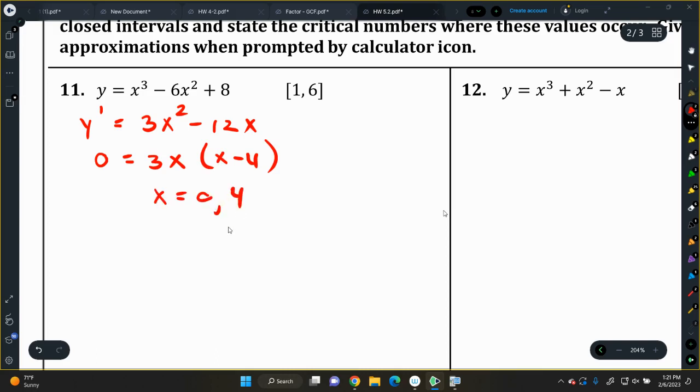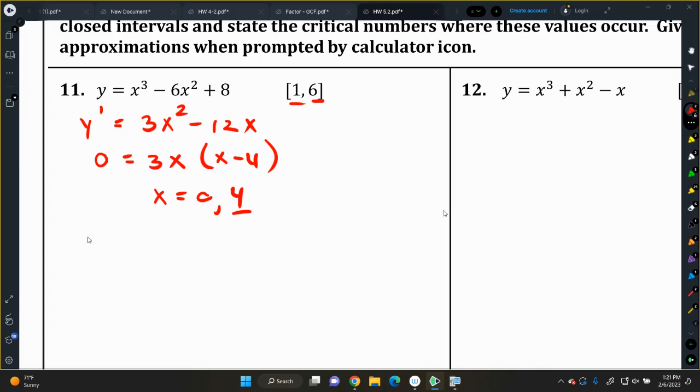Are they in my domain? Is it in the interval that they've given me? Zero's not, so I'm not worried about 0. So I'm looking at the points where x equals 4, x equals 1, and x equals 6. Everybody got that?